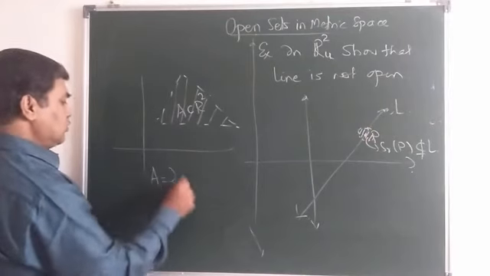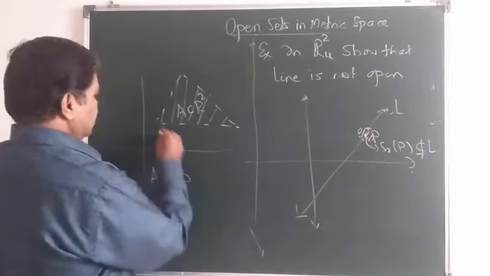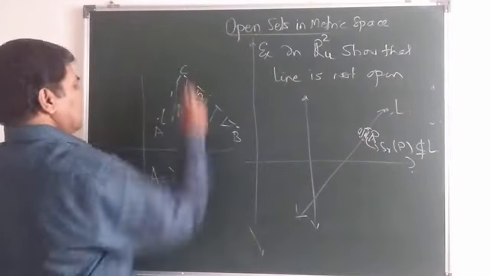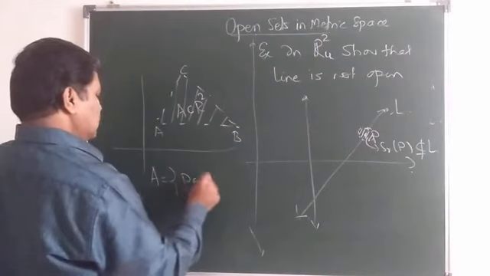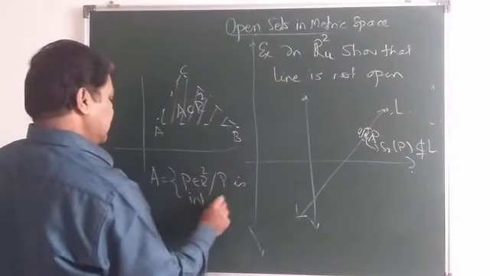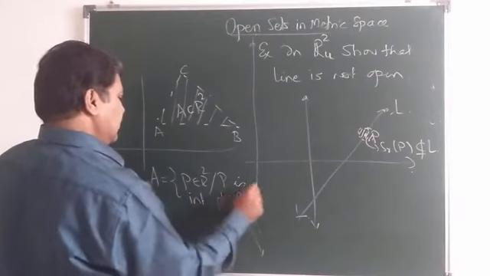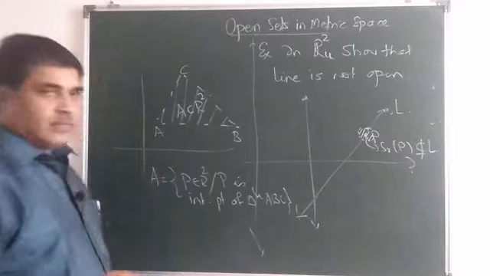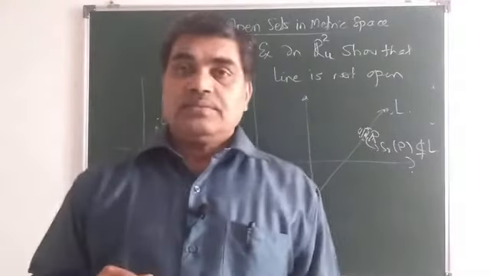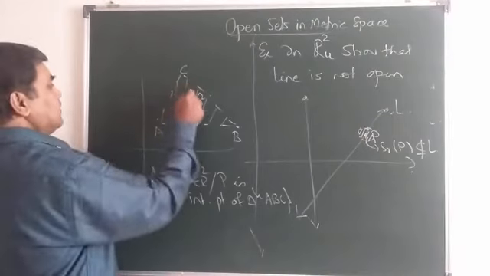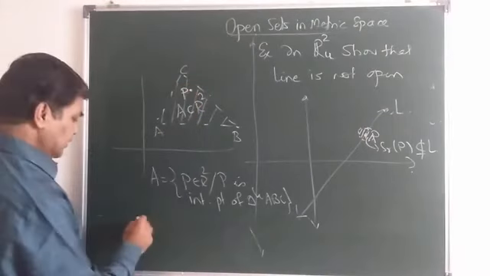A is equal to the set of P belonging to R2 such that P is an interior point of triangle ABC, as in the figure. Then is it open? So if I take any point here, this is my P, an arbitrary point.